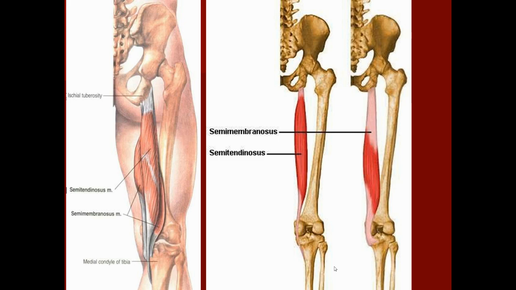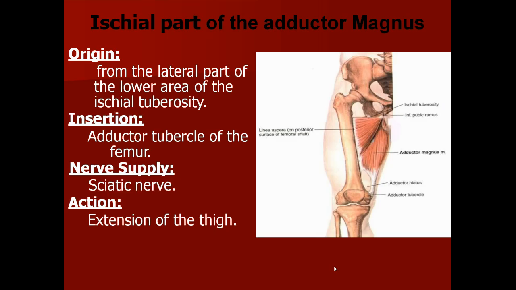You can see the semimembranosus and semitendinosus muscles separately here, and in the next picture you can see the location of the semitendinosus muscle and semimembranosus muscle. The semitendinosus muscle is situated above the semimembranosus muscle.